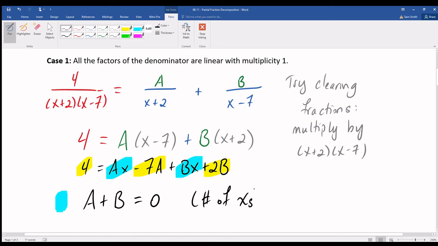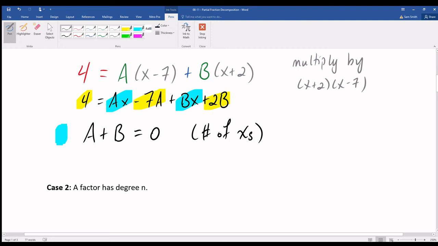And if I add together the constants that I have on the left-hand side with the constants that I have on the right-hand side, those two sums, negative 7a plus 2b on the left and 4 on the right, the number of constants also has to add up to be the same thing.